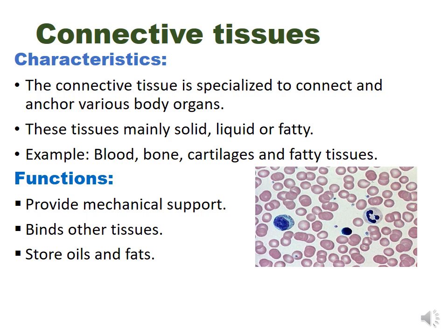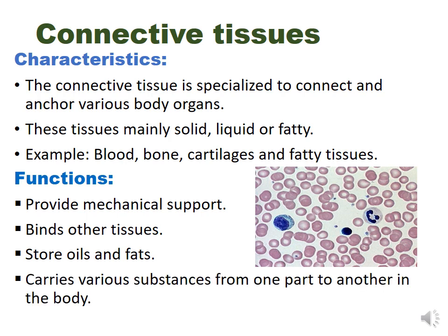They also store oils and fats. And they carry various substances from one part to another in the body, such as blood, which carries nutrients, enzymes, hormones, and wastes from one part of the body to another. Another important function of connective tissue, especially the liquid connective tissue, that means the blood, is body defense.